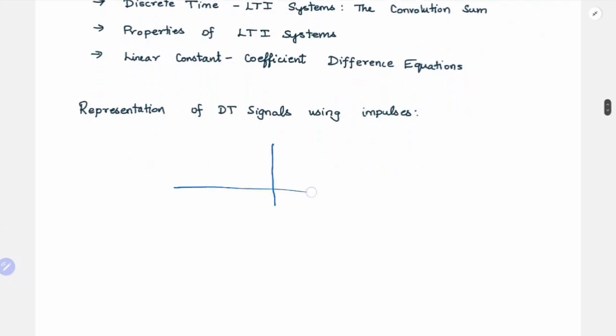So if you have any signal x of n, let's say you have this. So this is the signal x of n, and let's say it has some values 1, 2, 0.5, 1, 0.5, 1, okay?